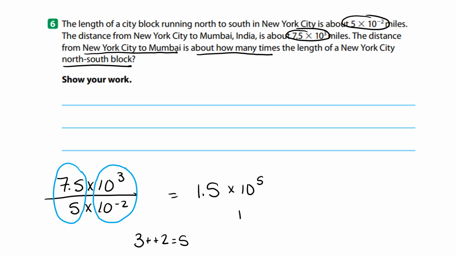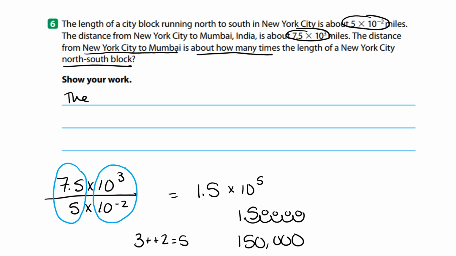We move our decimal point 5 times, 1, 2, 3, 4, 5, filling in those missing values with zeros to get our final answer of 150,000 times greater.